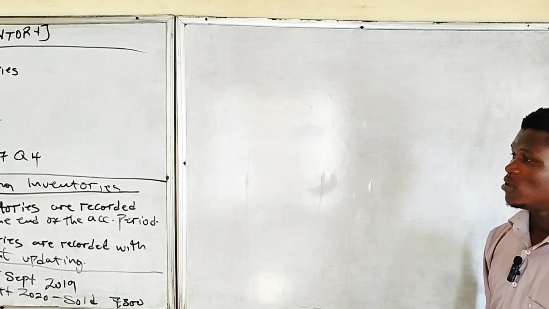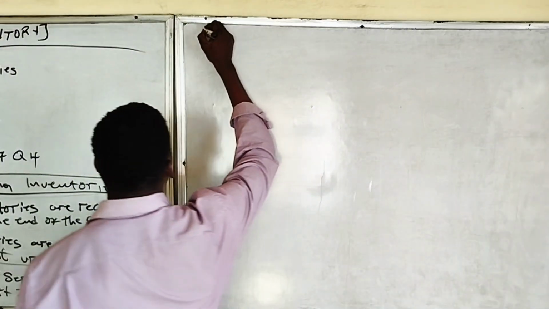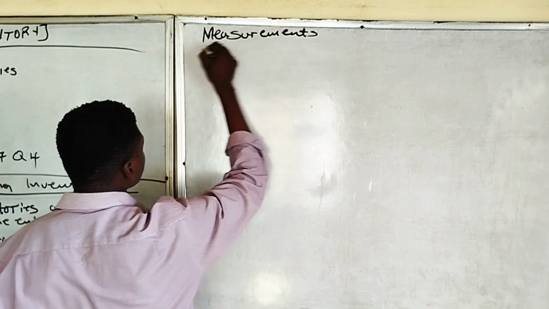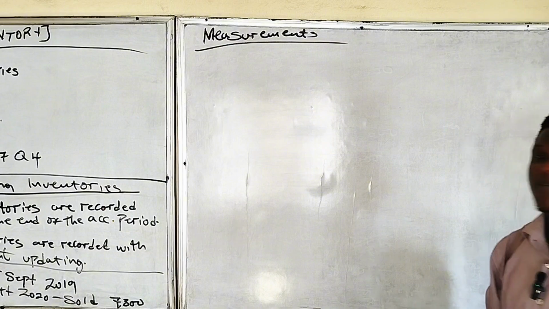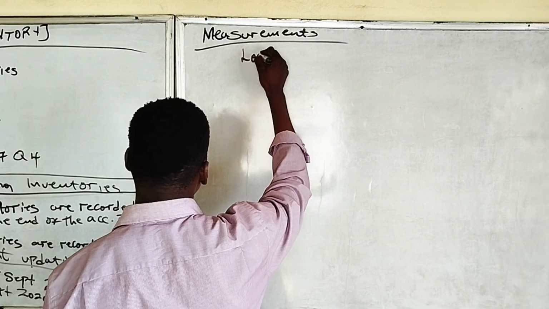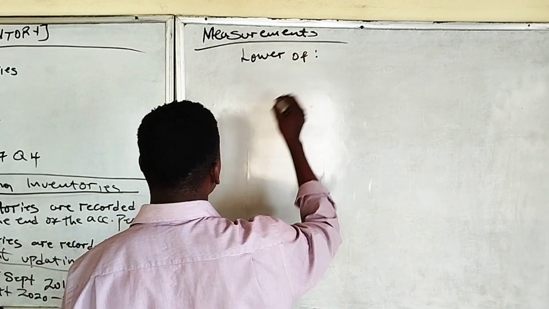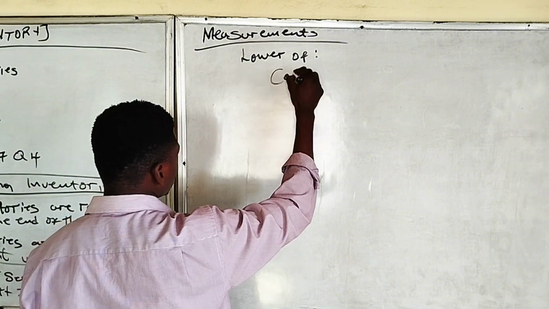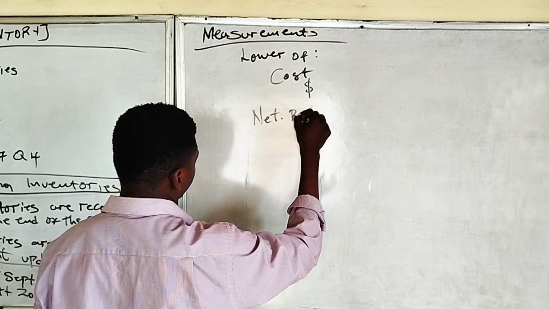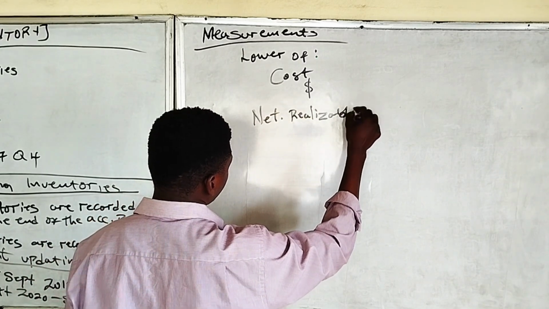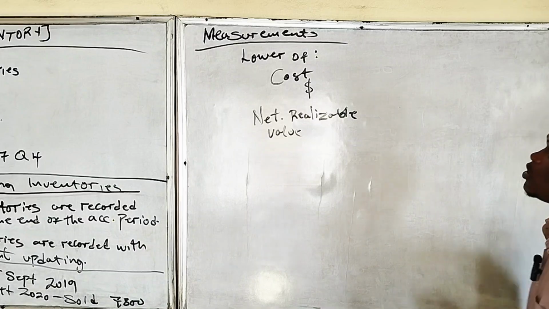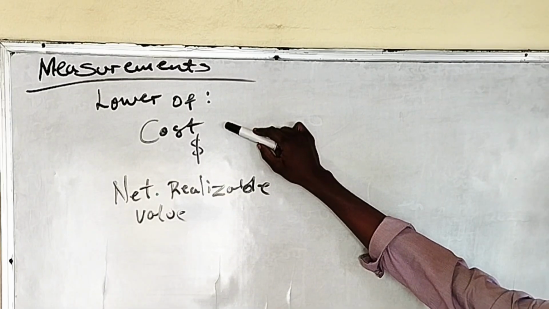Another thing we have here is inventory measurement. According to IAS 2, inventories are measured at the lower of cost and net realizable value.